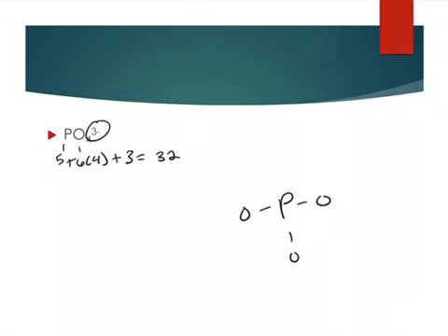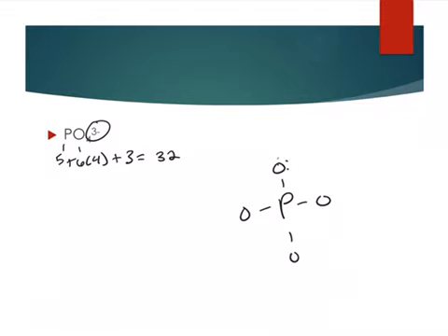So when we're doing phosphate, phosphorus has 5 valence, oxygen has 6, there's 4 oxygens, and then the -3 charge means I add 3 to my total. I have 32 total. Phosphorus is my central atom, single bond to all 4 oxygens. So that's 8 electrons. I have to use 32.